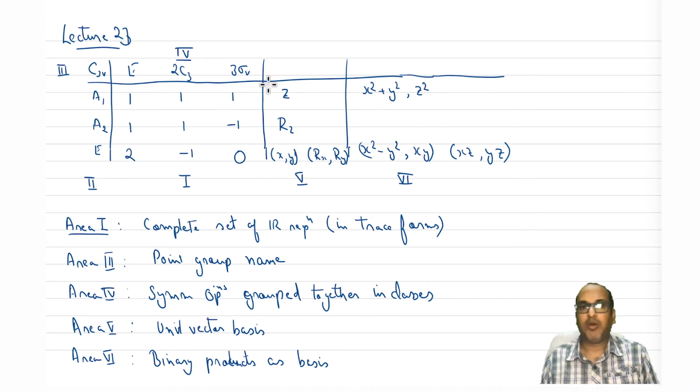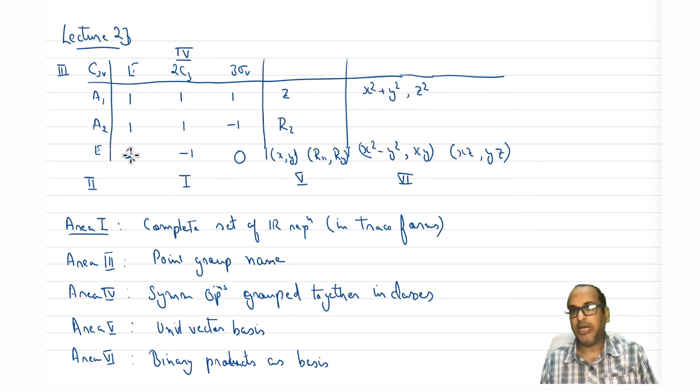Similarly, z square will also form a basis for A1. If you take x square minus y square comma xy, that means these together are not separable and would together form the basis for E. Similarly, xz and yz together will form the basis for this.